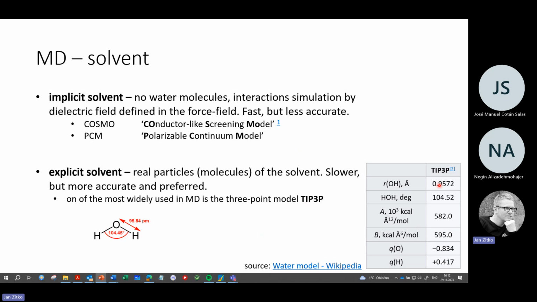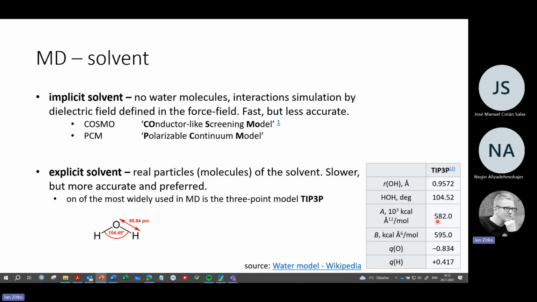Just to give you a taste of what the TIP3P model parameters look like, what you need to define is the distance between O and H, which is 0.9-something angstroms. You have to define the angle HOH, which is 104 degrees and something.